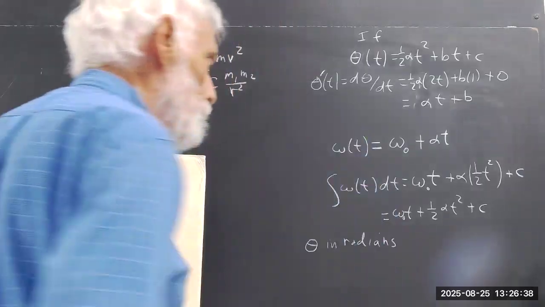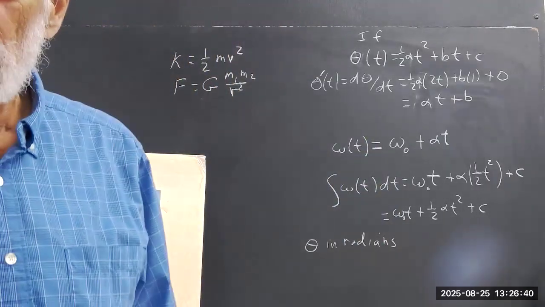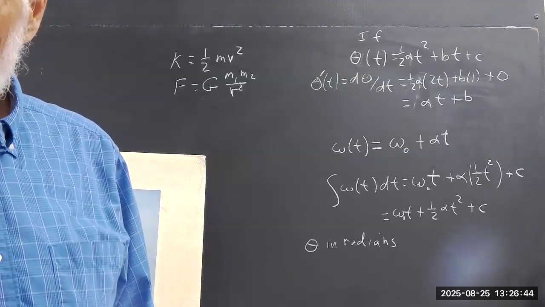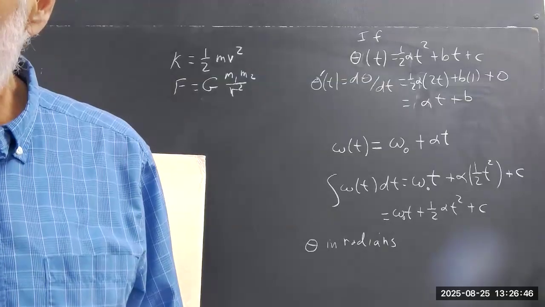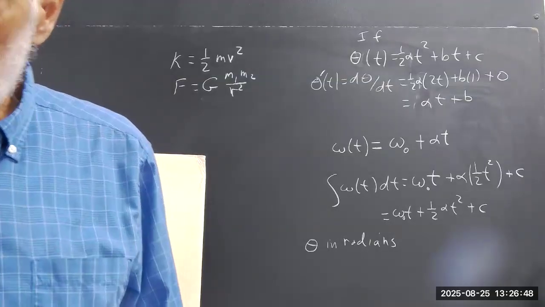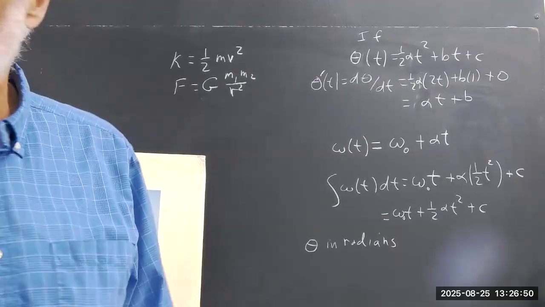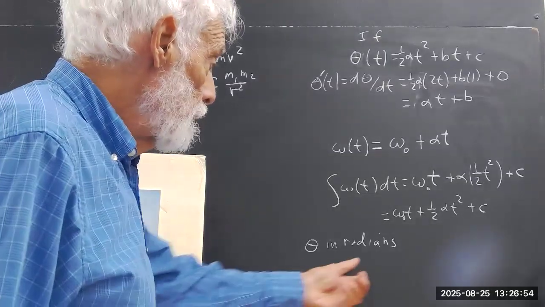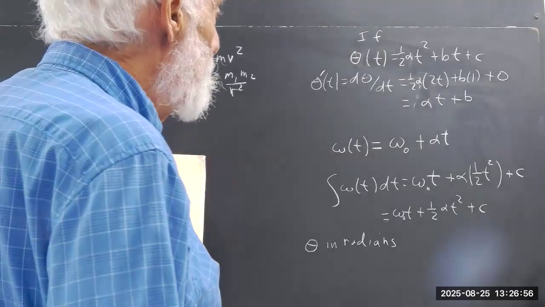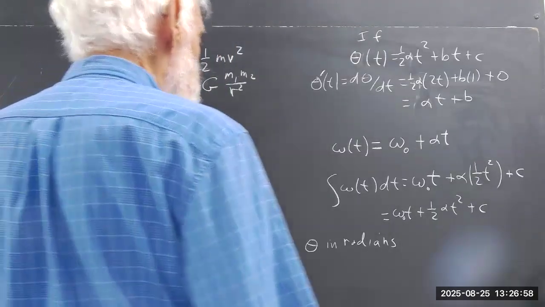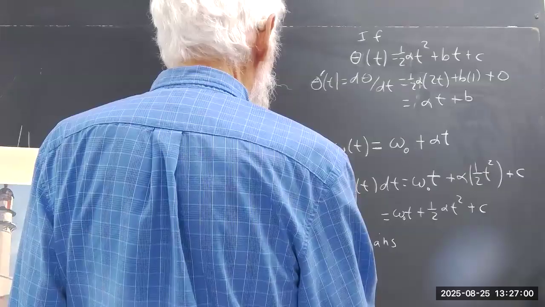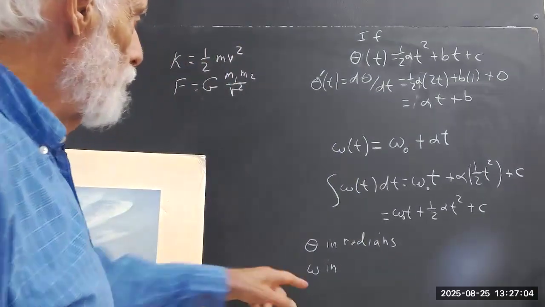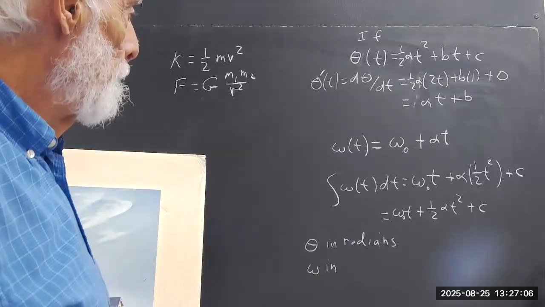Now, if theta is in radians, which is the default measure of angular position, sometimes you would want to use degrees, it'd be okay. Sometimes you use revolutions. Just make sure you know what you're using by writing it down. So if theta is in radians, what are the units of omega?